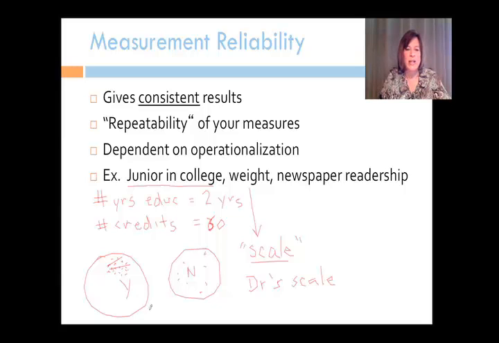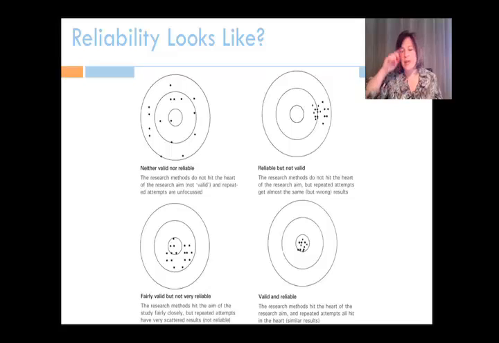There are several ways to assess reliability, and that's the beauty of reliability and validity, you can actually calculate the accuracy. So let's take a look at those different ways. Here's the bullseye.